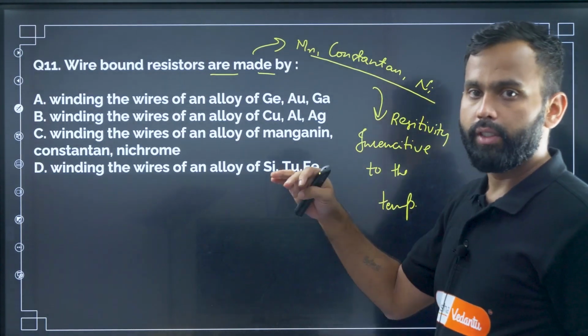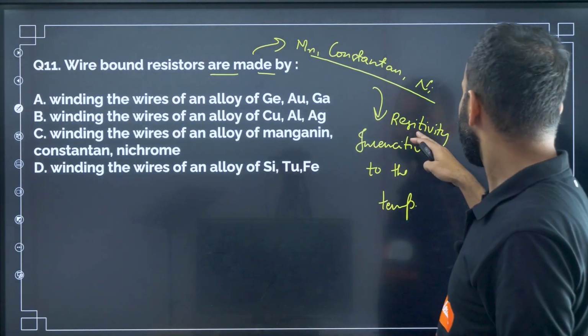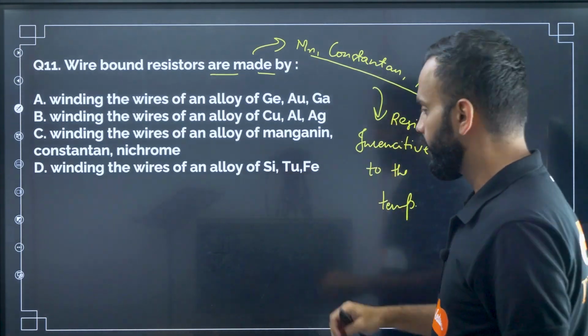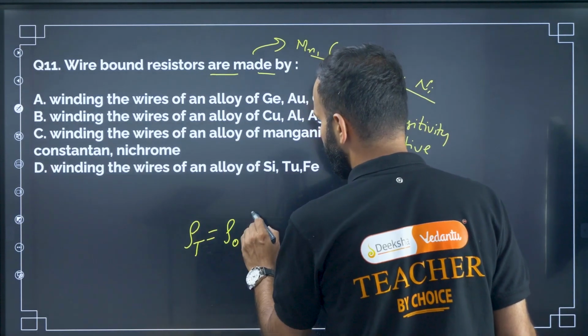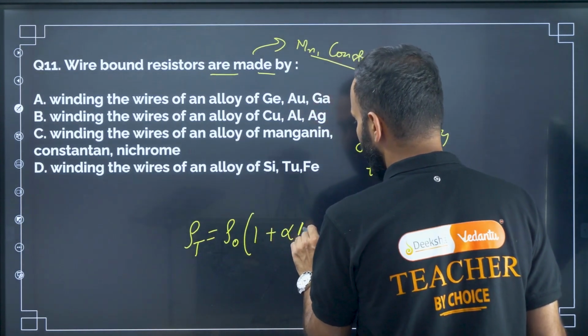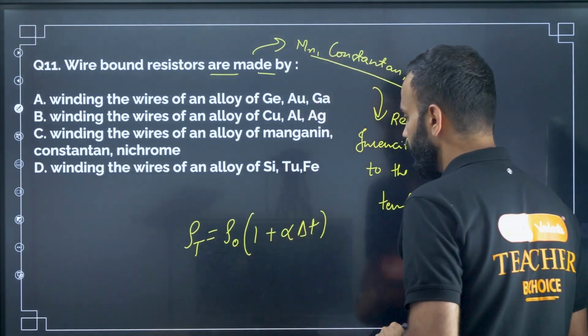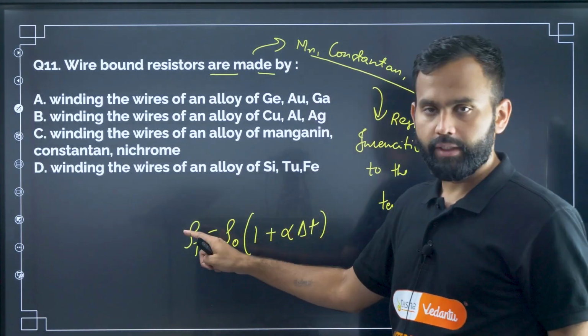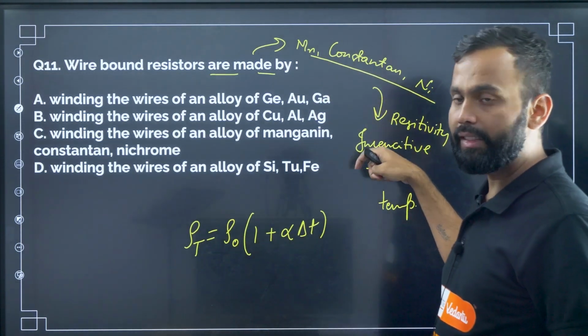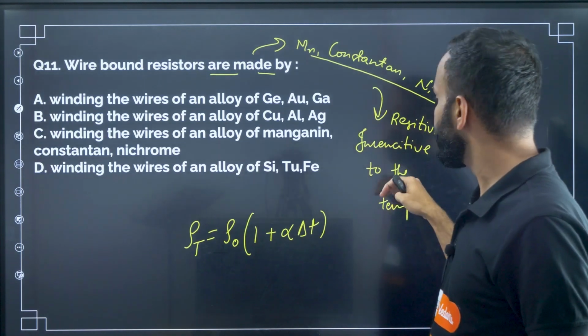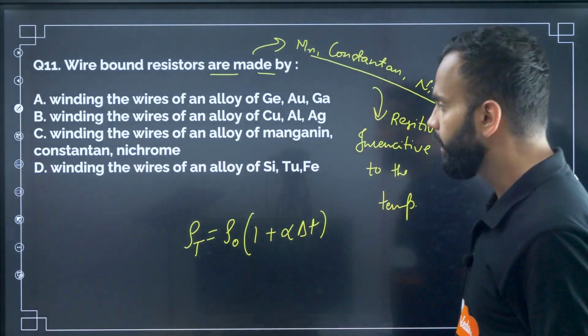You know the formula for the temperature dependence of resistivity: rho T equals rho naught into 1 plus alpha into delta T. So if you change the temperature, resistivity normally changes, but for these three alloys the resistivity is insensitive to temperature.